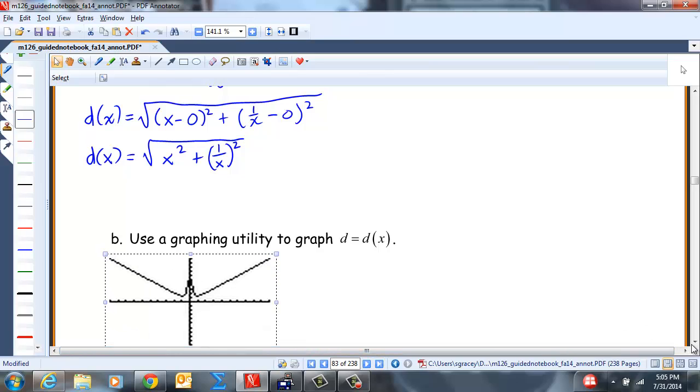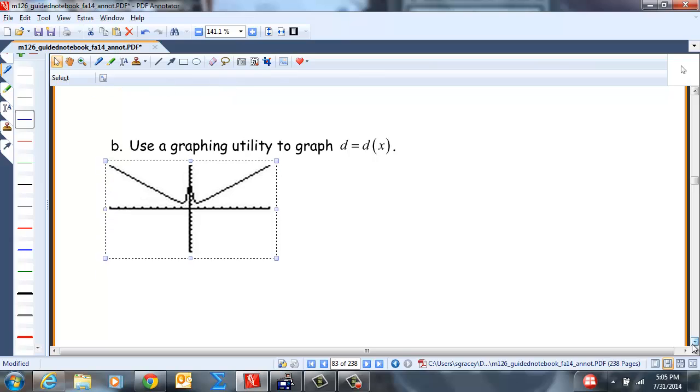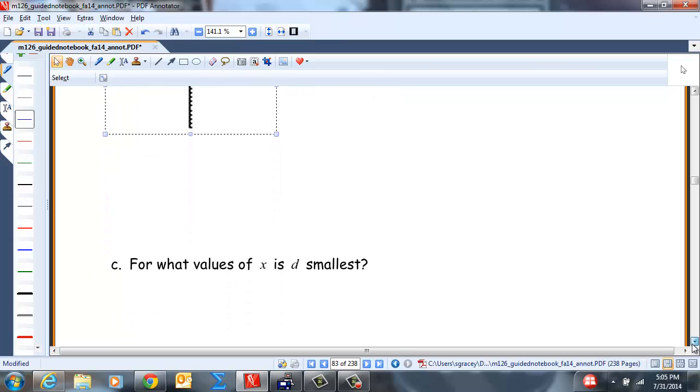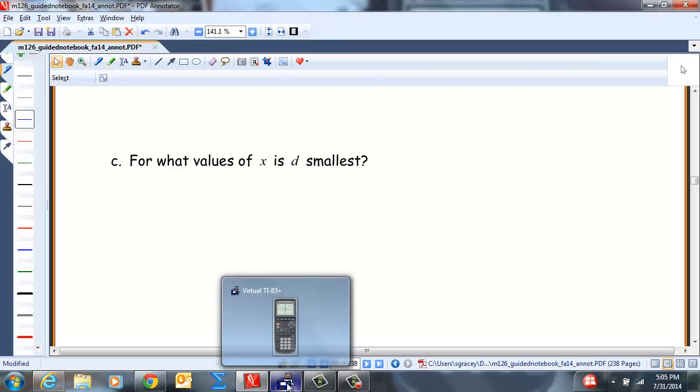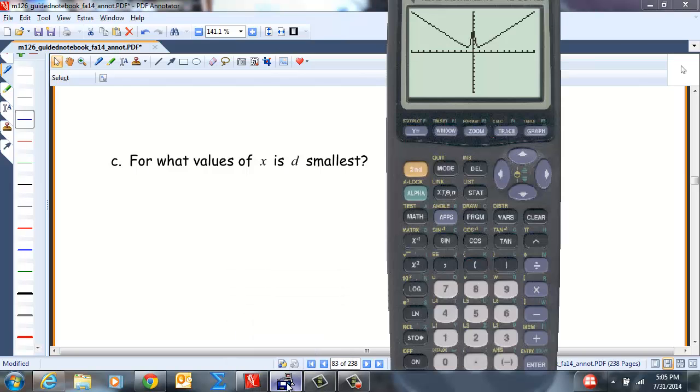Alrighty, and then our next job is for what value or values of x is the distance smallest? So we can go to a command here. If we go to second, calculate minimum, and this is symmetric. So let me get to this side.